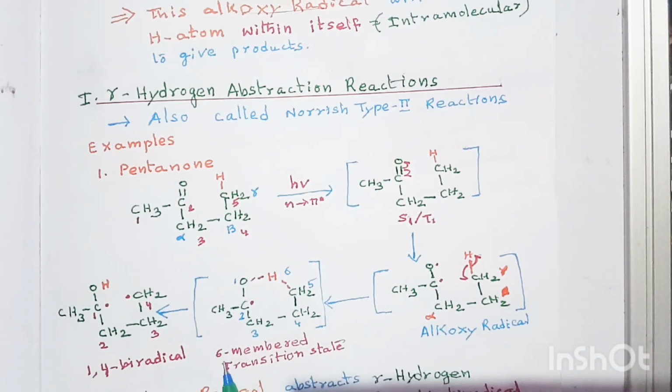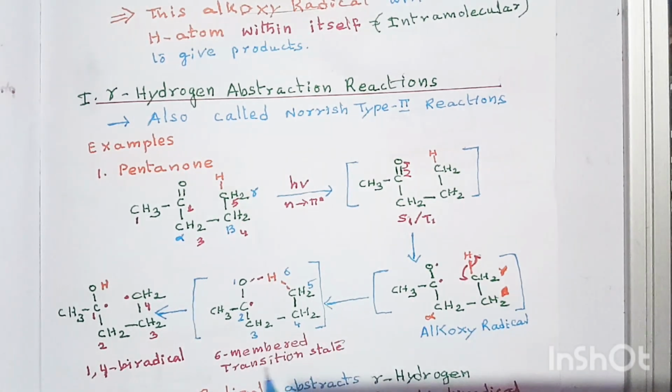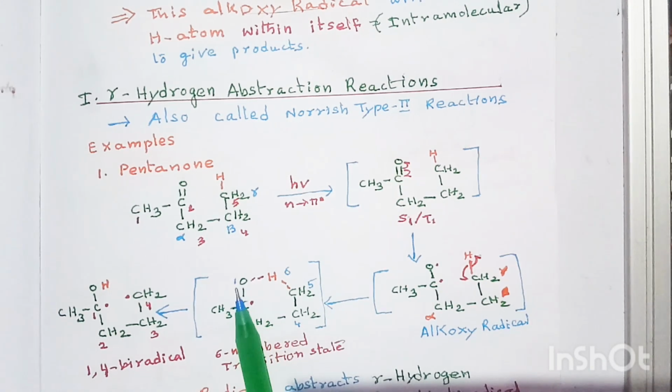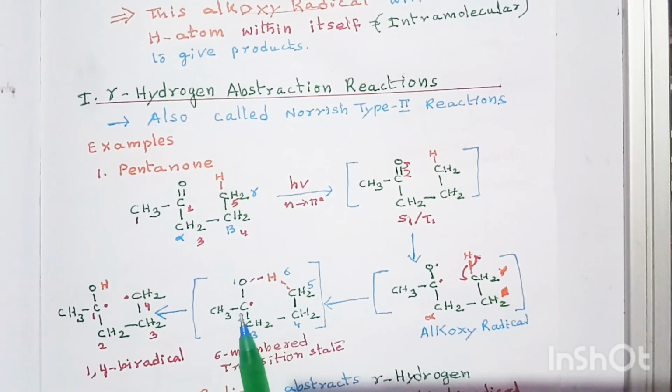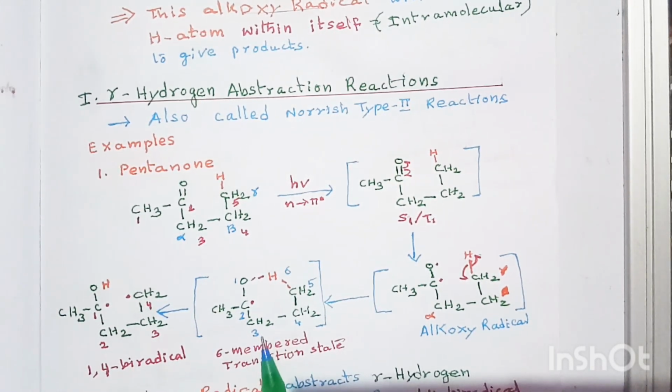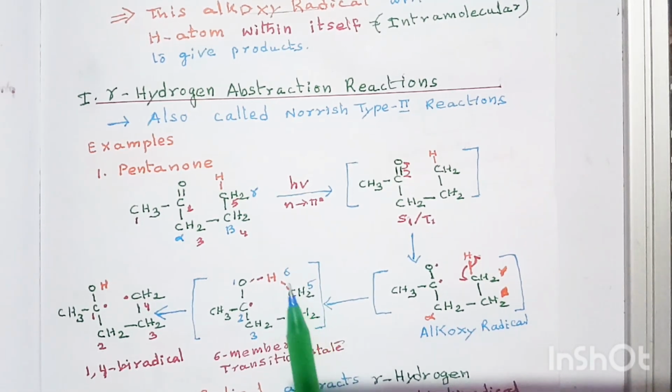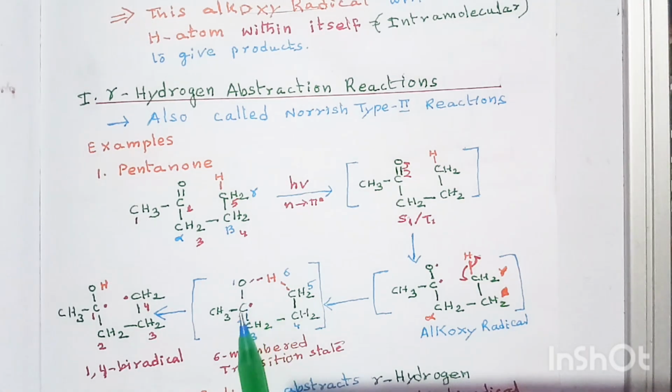This is called 6-membered transition state. 6 members because let us count from oxygen. 1, this carbon is 2, this carbon is 3, this carbon is 4 and this carbon is 5 and this hydrogen is 6. So this is 6-membered transition state. So this is a cyclic intermediate state.